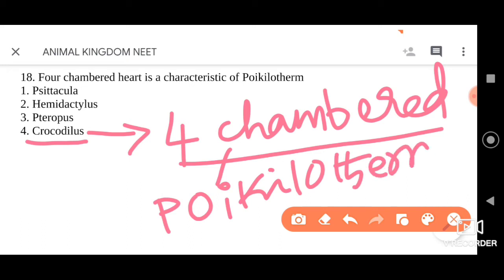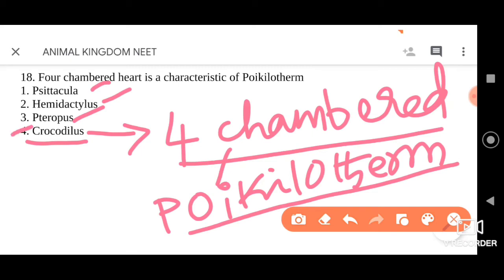It changes its body temperature according to the surroundings where it lives. So fine, dear students, Psittacula, Hemidactylus and Pteropus, all these three are homeotherms. There itself we can eliminate them. Crocodylus is a Poikilotherm having a 4-chambered heart. It's the only reptile with a 4-chambered heart. So please go for option 4.